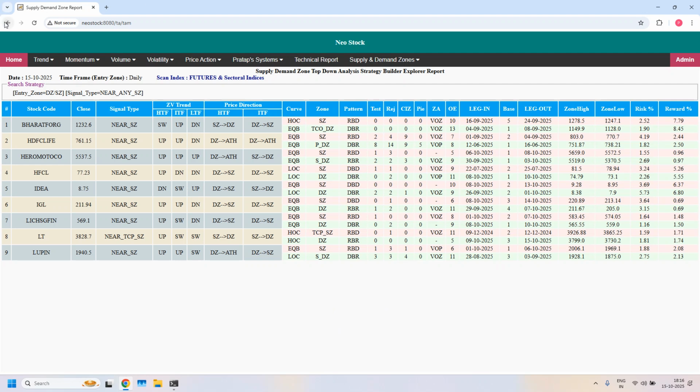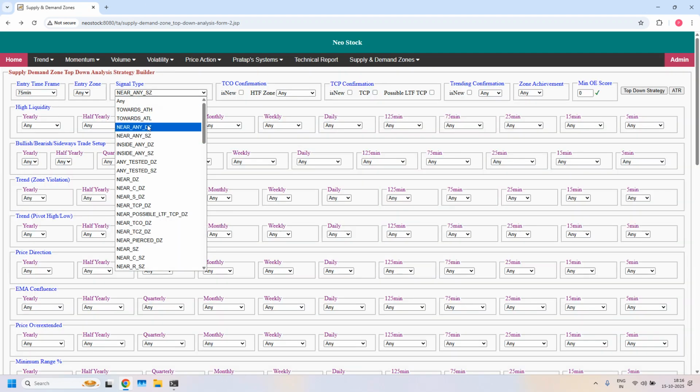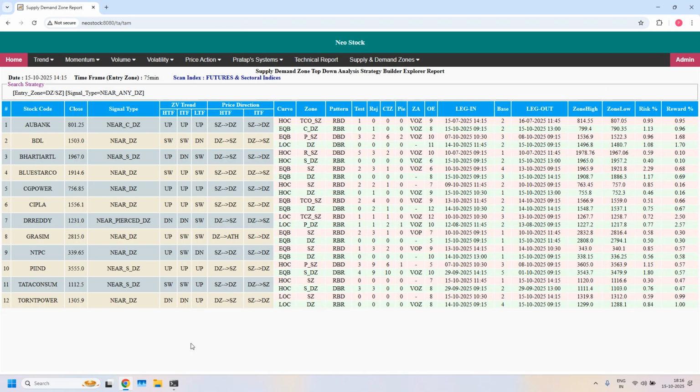Okay, next time frame is 75 minutes. Stocks near to the 75 minutes demand zone, we got 12 stocks. Let us identify 75 minutes high liquidity zones from this list. First one, AU Bank is having a 75 minutes high liquidity demand zone. Next, Bharti Airtel is having a 75 minutes high liquidity demand zone.